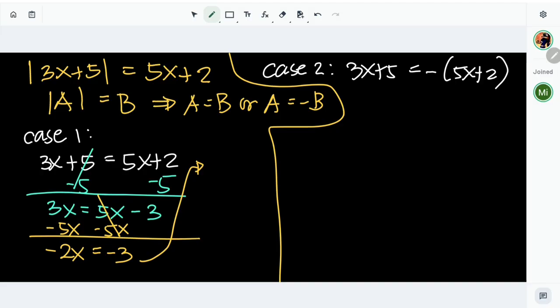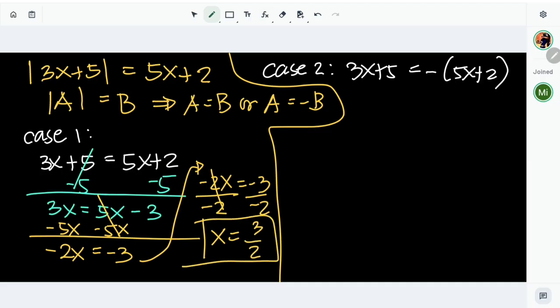Then, can you still see me writing? We have negative 2x equals negative 3. We divide both sides by negative 2. So x is just equal to 3 halves, or 1.5.